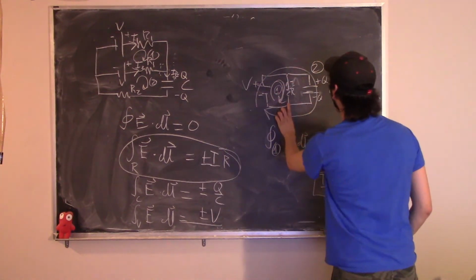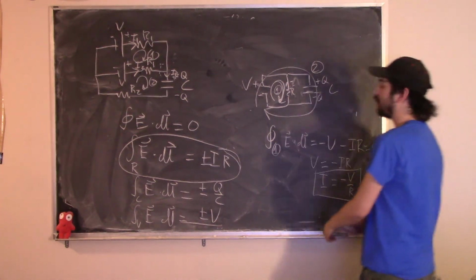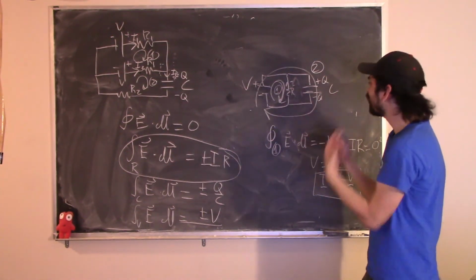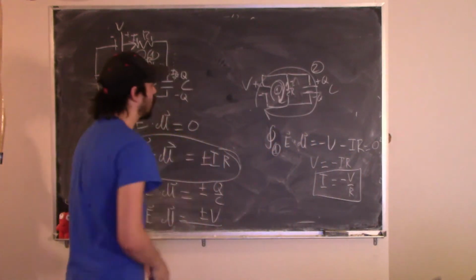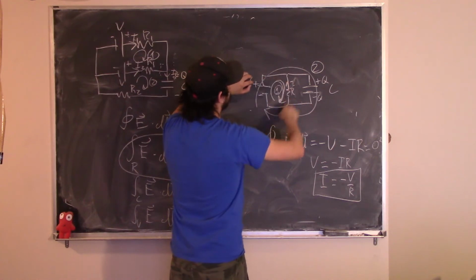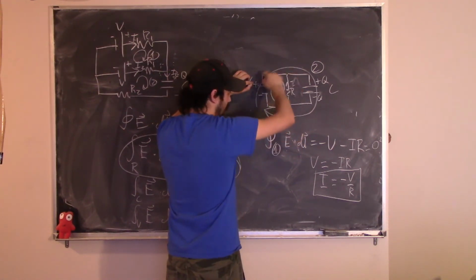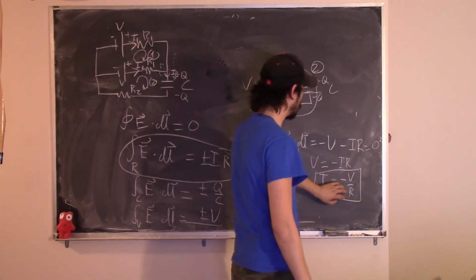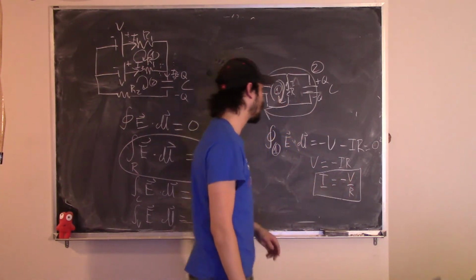I drew this current going up, but because I'm seeing minus V divided by R, the current is really going down. And that follows some intuition we have, because the current points in the same direction as the electric field, and the electric field points from positive to negative. So the current really should be going this way. But I had defined it going the opposite way, which is why, when I solve for the current from my loop equation, I end up seeing minus V divided by R.